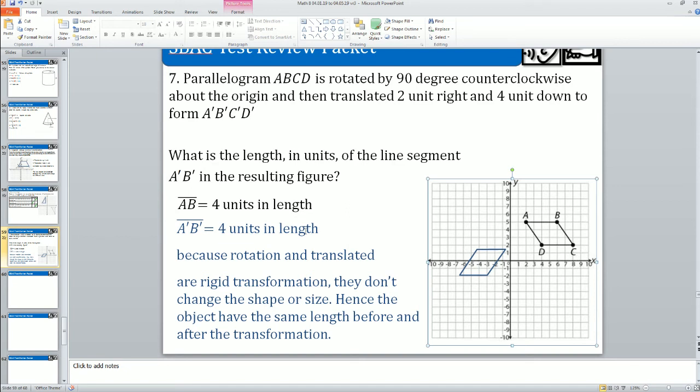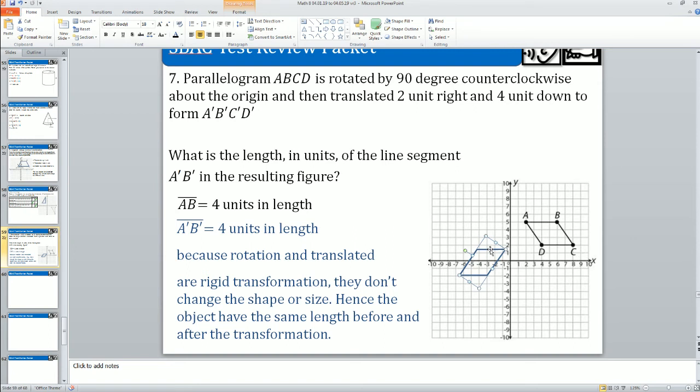Why? Listen up. Because rotations and translations are rigid transformations. That is the definition. What are rigid transformations? They do not change the shape or size. This was a quadrilateral that did not change shape or size. It is also a parallelogram that did not change in shape or size.